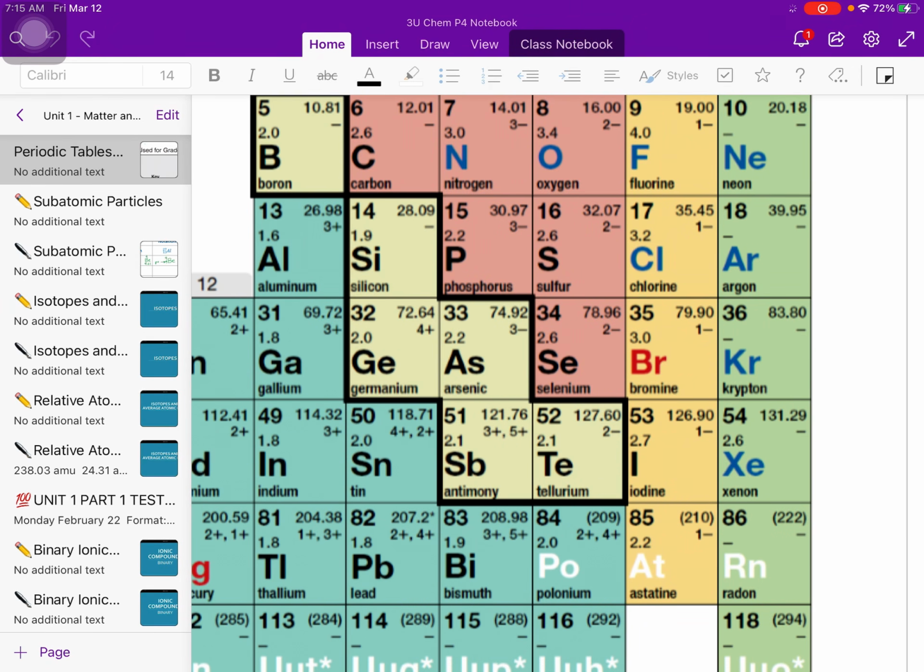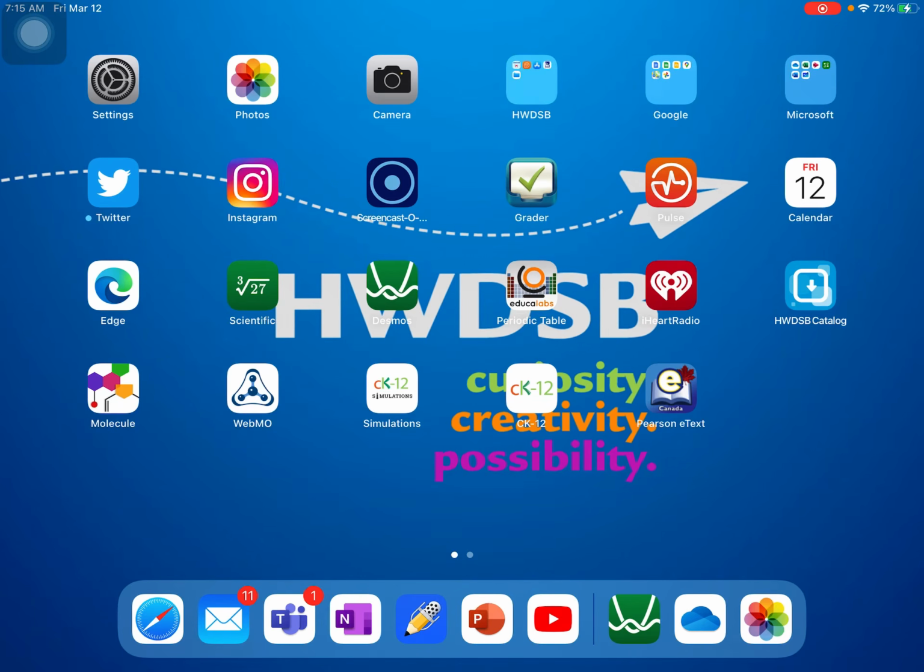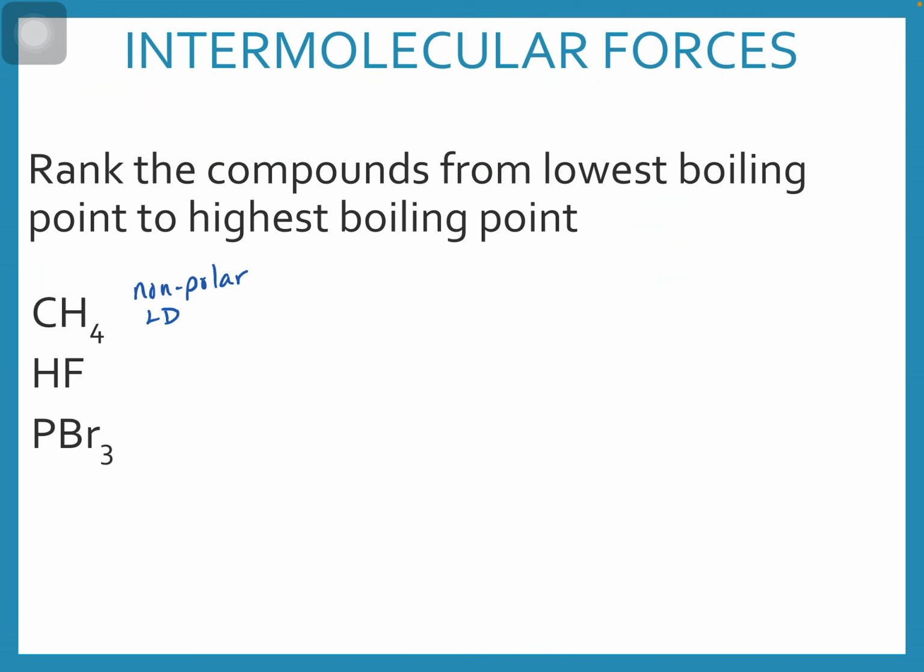So 3 minus 2.2 is 0.8. So we have a polar covalent compound there. And we don't have oxygen or nitrogen, oxygen, fluorine. So in this case, this is going to be a polar covalent molecule with dipole forces. And so this one was ionic.